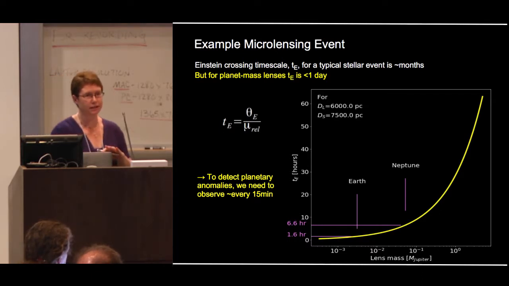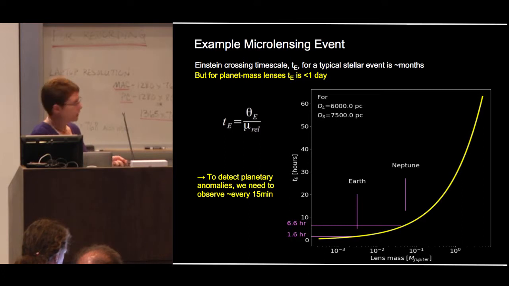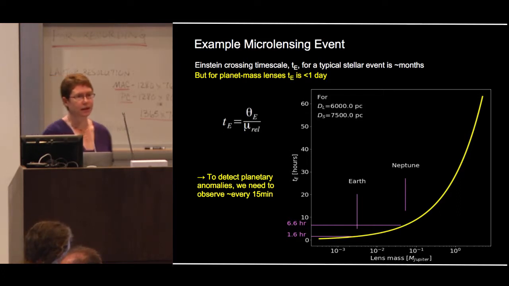That gives us a rough idea of how long we can expect the anomalies to last. For a Jupiter mass planet, you can see it's of the order of tens of hours, but this drops dramatically for smaller planets. And for terrestrial planets, you can see it drives a requirement to observe less than an hour cadence. Typically, we observe every 15 minutes or better if we can.